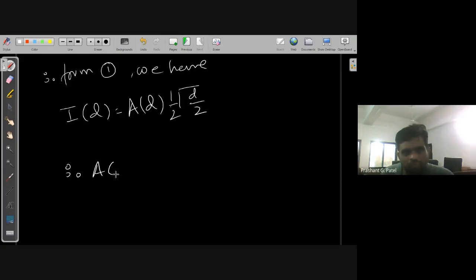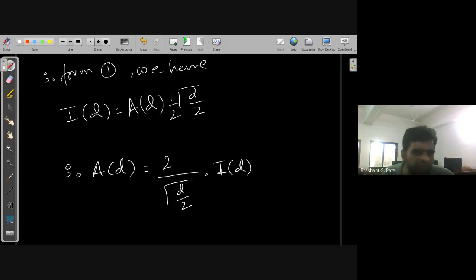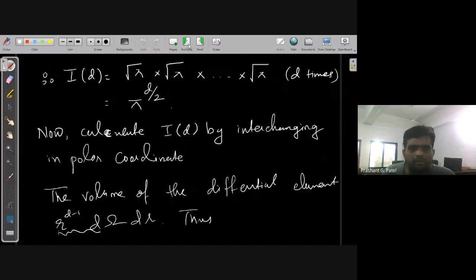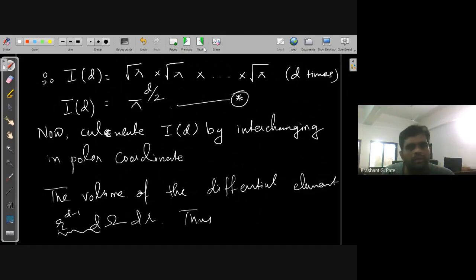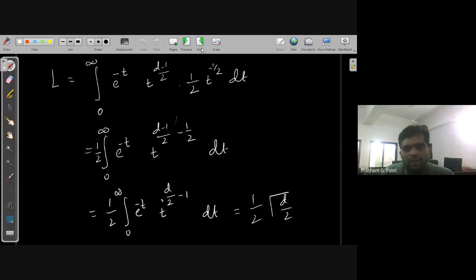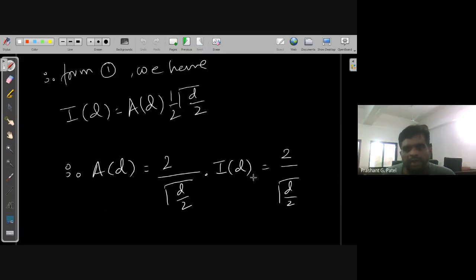Therefore AD equals 2 into 1 upon gamma d by 2 into ID. And the value of ID we have calculated previously, here. If we call this equation star, then from star we have ID equal to pi raised to d by 2.